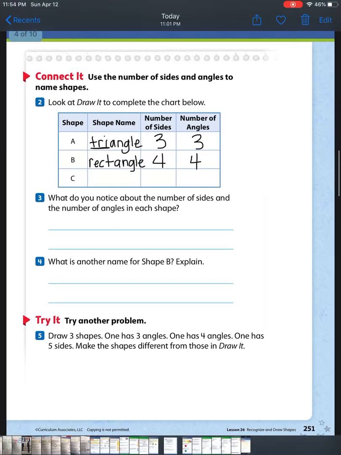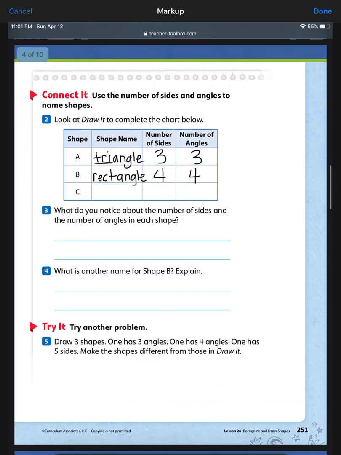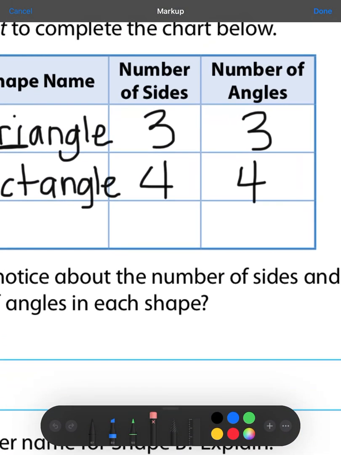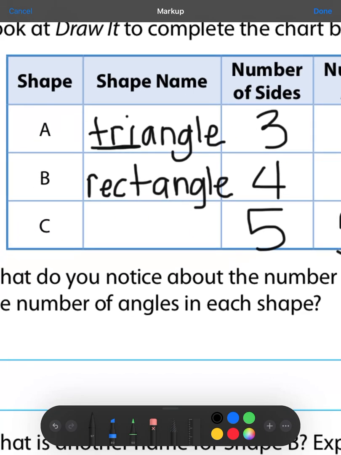Let's go write that down. 5 angles and 5 sides. Does anybody remember what that shape is? The number 5 gives it away. It is a pentagon.